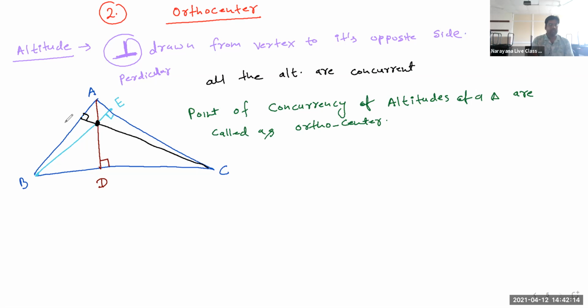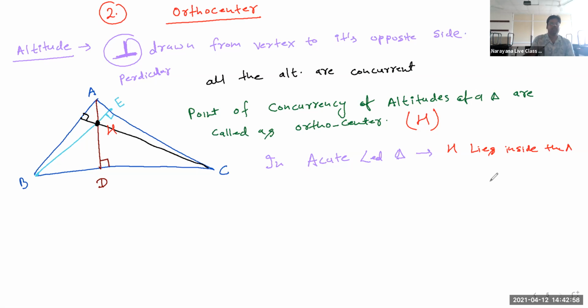This is an acute angled triangle. In an acute angled triangle, the orthocenter is generally denoted by the symbol H, capital H. So this is the orthocenter of triangle ABC. In an acute angled triangle, H lies inside the triangle.